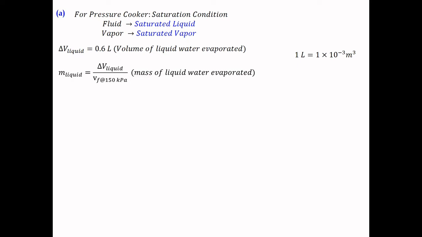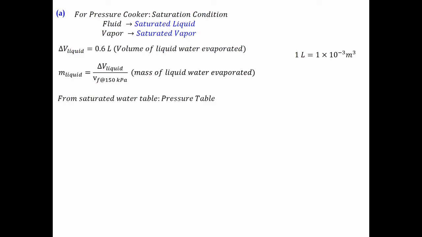So mass liquid equals delta V liquid, which is 0.6 liter, divided by Vf at 150 kilopascal. Because the equation involves liquid, the specific volume we need to refer to is the value of Vf at 150 kilopascal. And this mass of liquid is considered as the mass of liquid water that evaporates during the process.